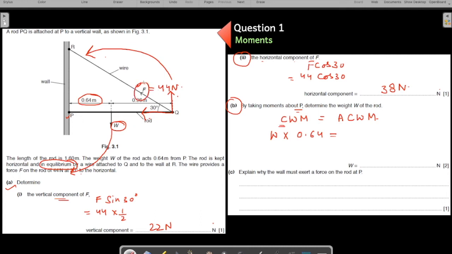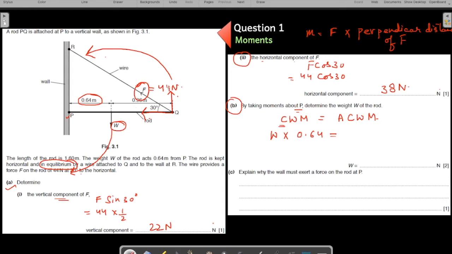What is creating the anti-clockwise moment? This force F. But is this force F at 90 degrees with the point P? No. At point Q, is it at 90 degrees? No. So if you remember, the formula for moment says force multiplied by perpendicular distance. F is not perpendicular.